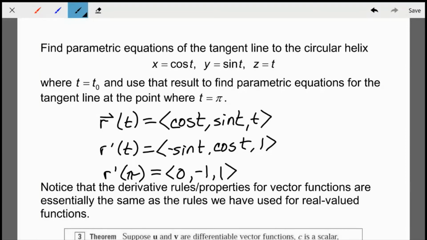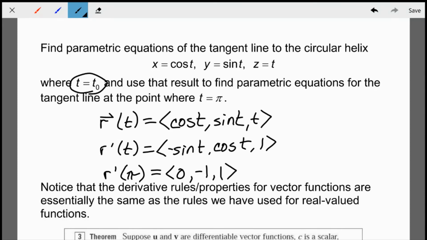Okay, so it's at the point where t is equal to pi, and we're supposed to be finding the initial point being t naught. So what that means is my initial x coordinate would be cosine of t naught. My initial y coordinate would be sine of t naught. And my initial z coordinate would be t naught.